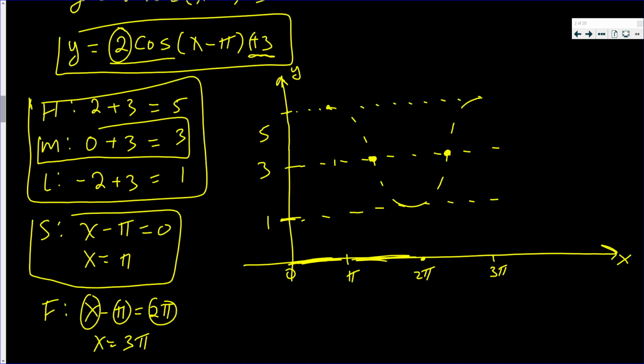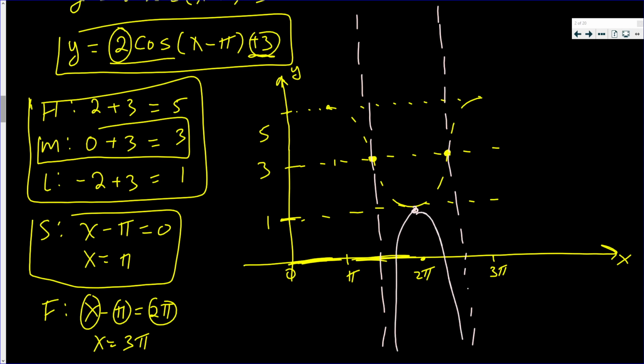Okay, if we didn't add the 3, we have the vertical asymptotes over here and here. And over here we go down like this, and over here we go like that, and we go like that.